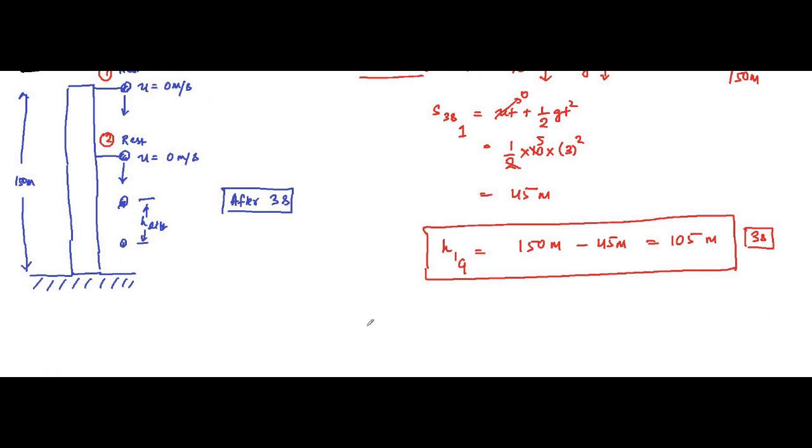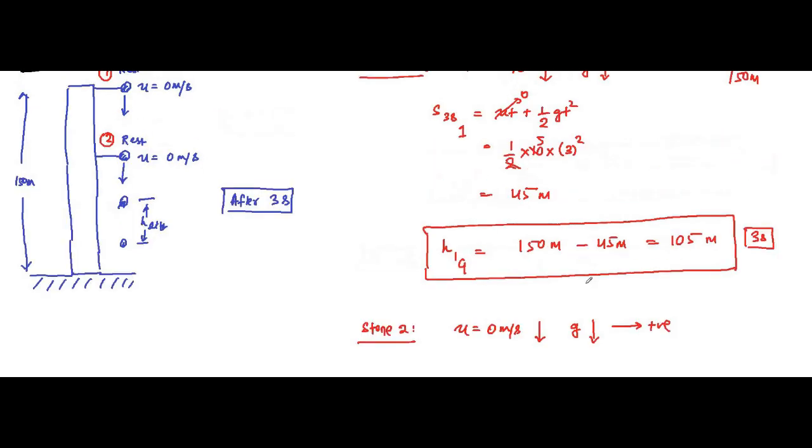Similarly, stone number 2, same thing. Initial velocity is 0. It is moving downwards. Acceleration due to gravity is also downwards. So both the motion of the object and acceleration due to gravity are in the same direction. Again, it will be taken as positive.